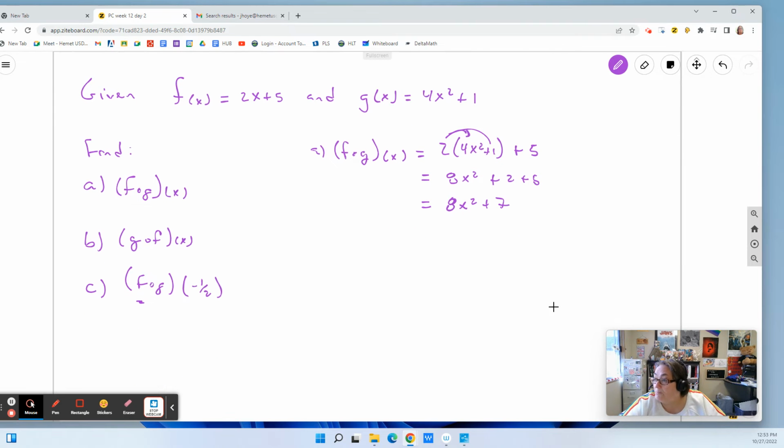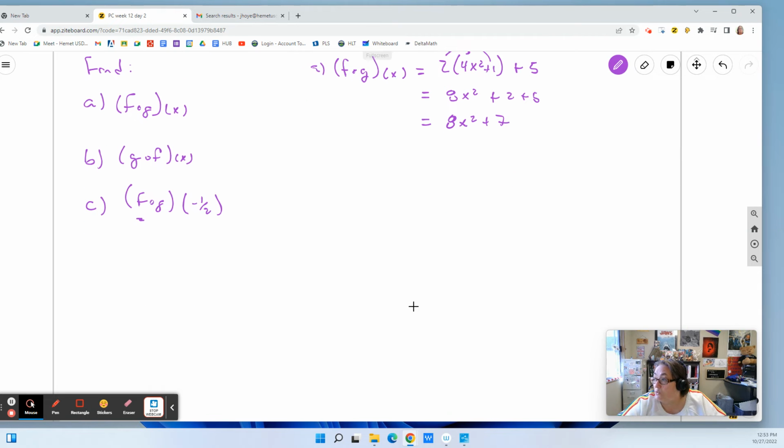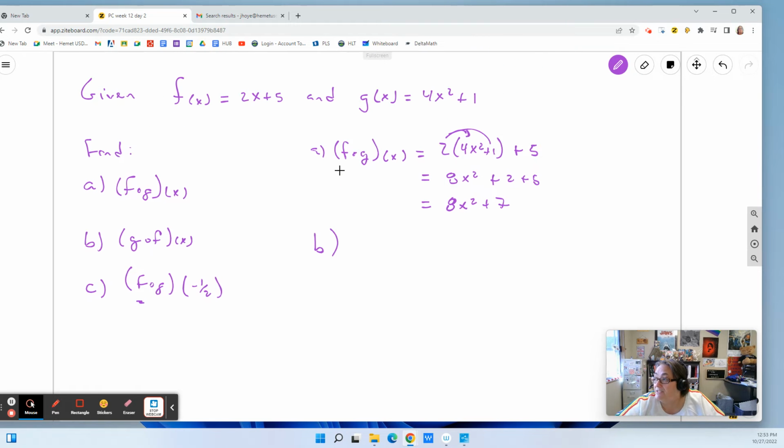So let's do part B where we find g of f. That one looks like it's going to be a little harder because I'm going to have to square at some point. I need a little bit more room so I can see those equations. B says that we're going to take g of f of x, which means that we are going to start with g and plug that 2x plus 5 into where that x squared is.